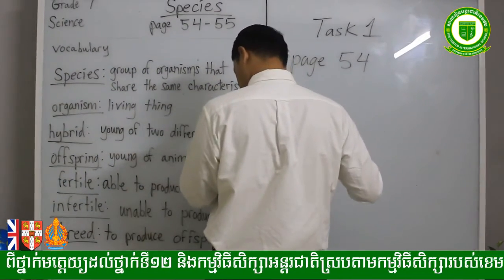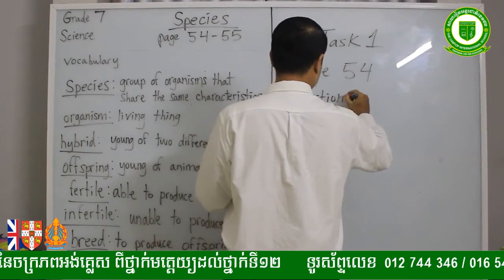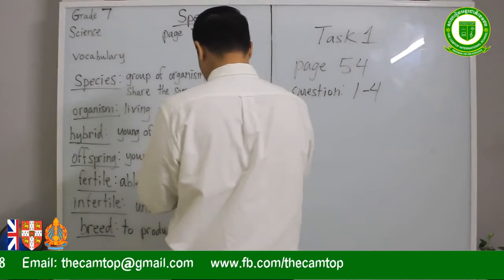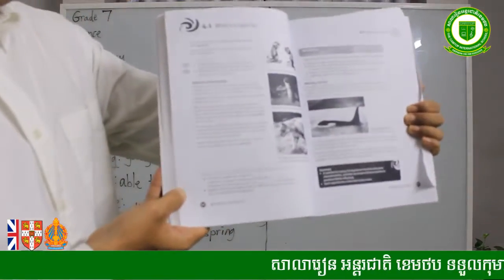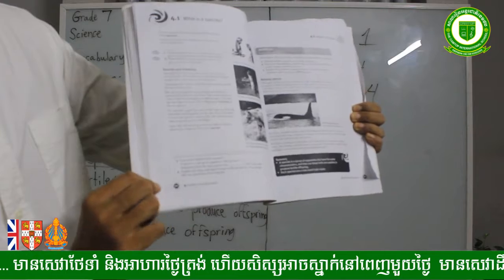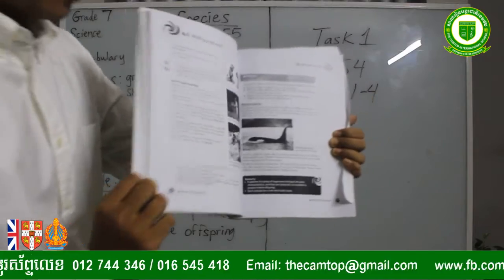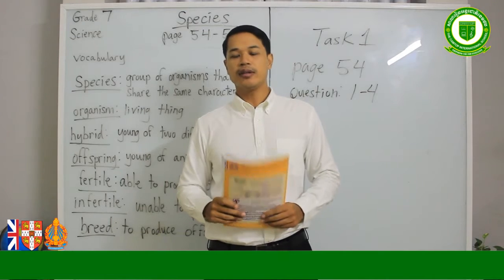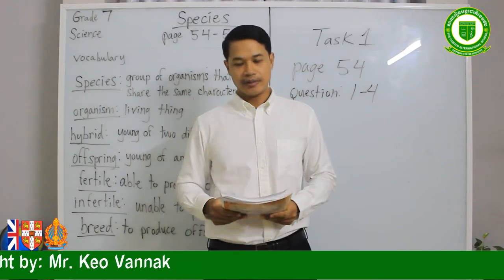We will do questions 1 through 4. It will look like this. Page 54, question 1, 2, and then 3, 4 is on the bottom. So read the question and answer it, then post it to our group. If you have any questions, you can ask in the group too. So, see you really soon. Bye-bye.